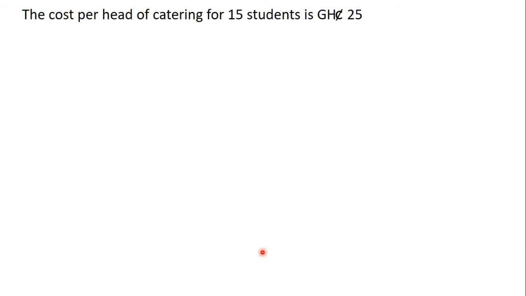The question also told us that the cost per head of catering for 15 students is 25 Ghana cedis. What this means is that when the number of students, which we have represented with N, is 15, then the cost per head, which we represented with C, is 25. Remember that our expression is C is equal to Q plus K divided by N. So we can replace C with 25 and N with 15.